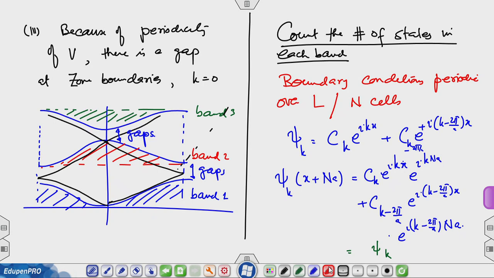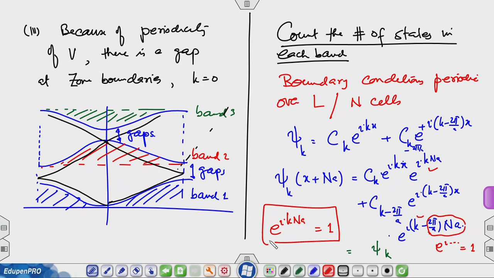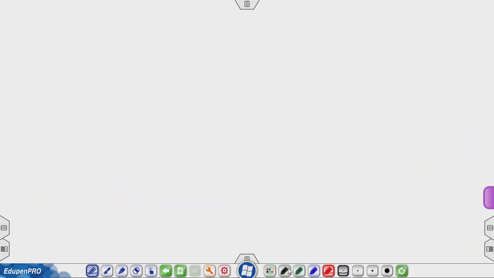Now, look at different terms. This e raised to i 2 pi by a n a, this whole thing is 1. So, that part I am not really bothered about. What you have is e raised to i k n a here, and in the first term this should be 1 if you apply the periodic boundary conditions.